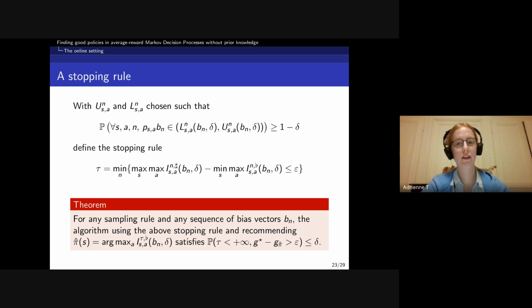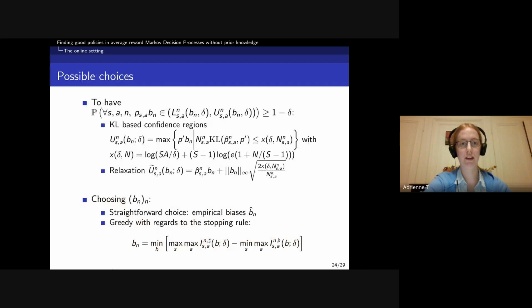As we said, when the span of LV minus V is smaller than epsilon, then we have found an epsilon optimal policy. So once this upper bound of the span is smaller than epsilon, we have found an epsilon optimal policy, except if PSA times B weren't in the confidence interval in the first place. That's just the error event.